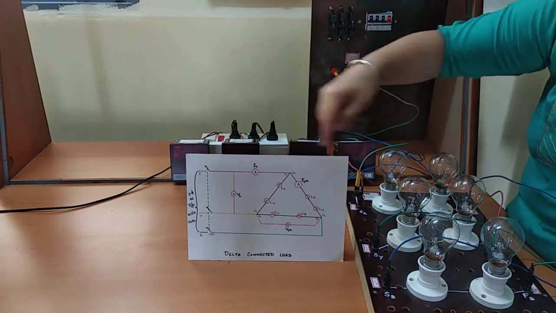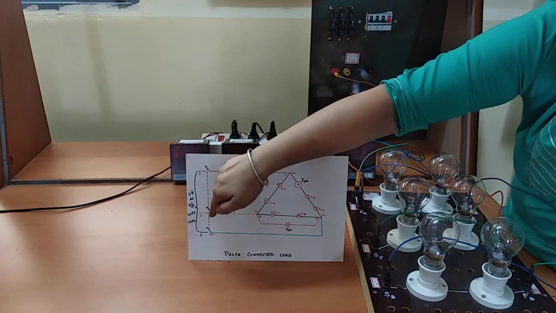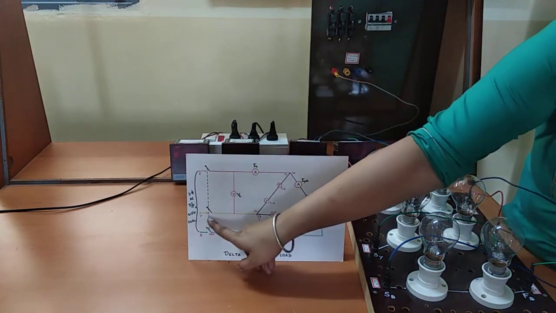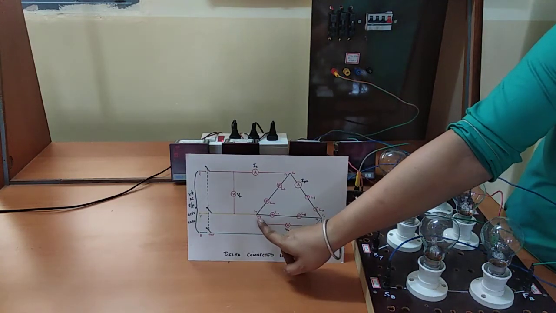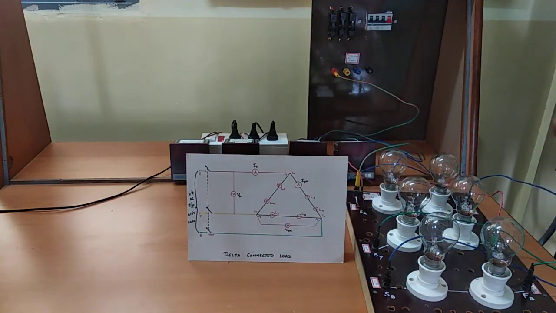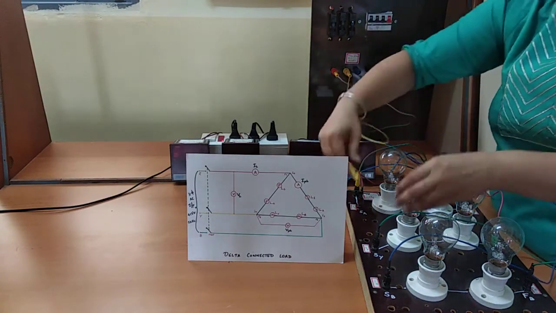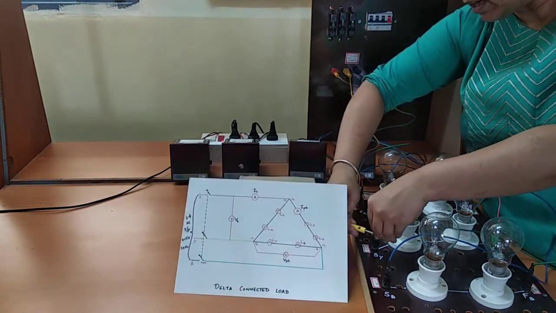We also checked it. Then from Y, we have a terminal that comes to SY and FB point. So I take another wire from Y to the point where SY and FB meet.